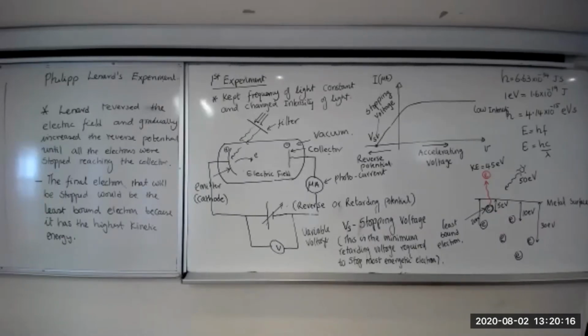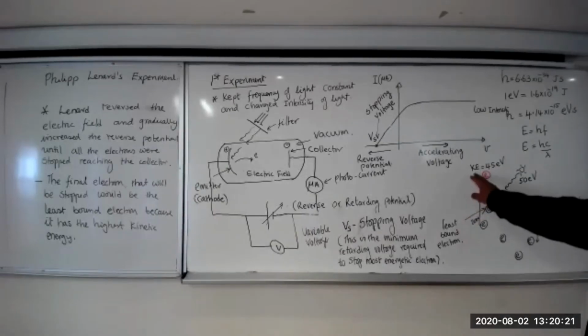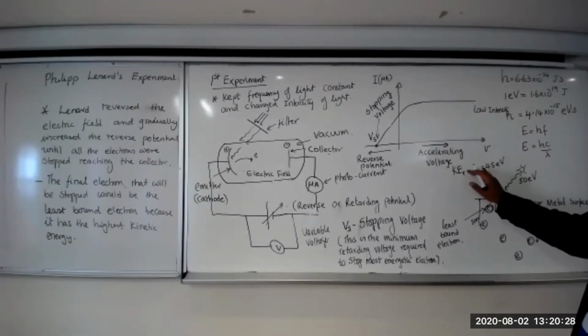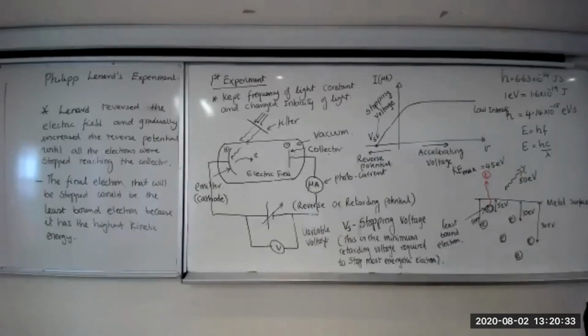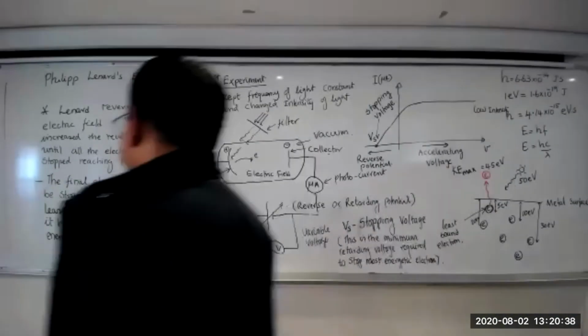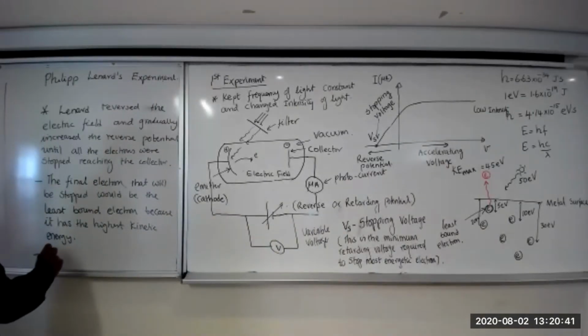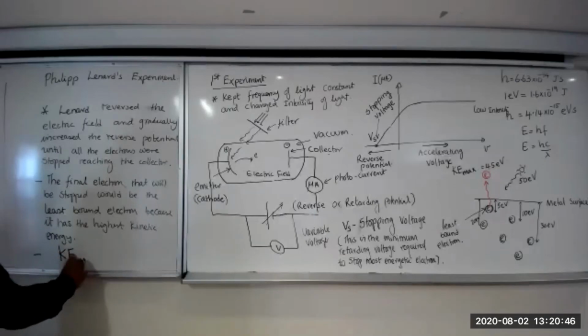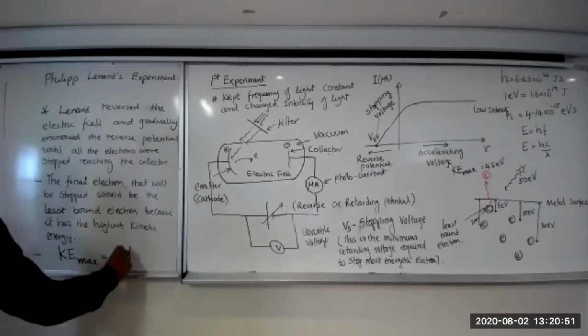Now, there is a link between the kinetic energy, because this guy has the maximum kinetic energy, guys. So kinetic energy max, EK max, or KE max. So you can say that the kinetic energy maximum, because you're doing work against it, equals the charge of an electron times the stopping voltage.